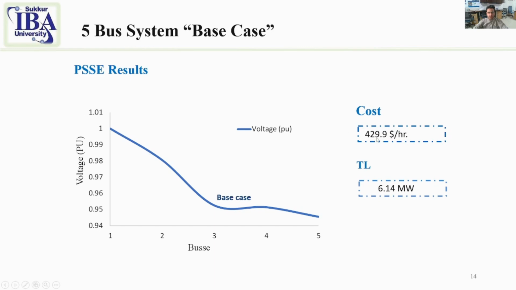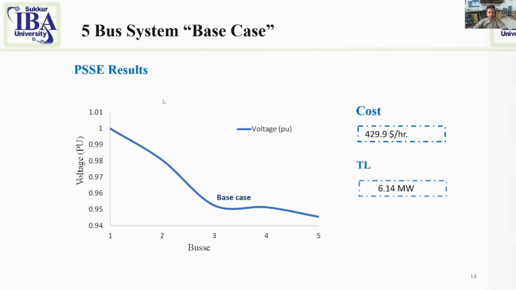You can see here the cost, that is 429.9 per hour, and also the total losses, 6.14 megawatt. Here you can see also the voltages from the first to the fifth bus bar. You can see these are very divided. So this is our base case.